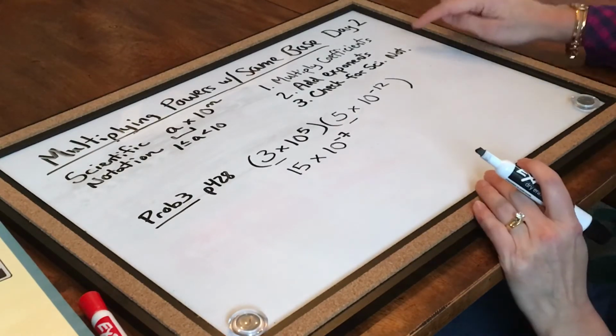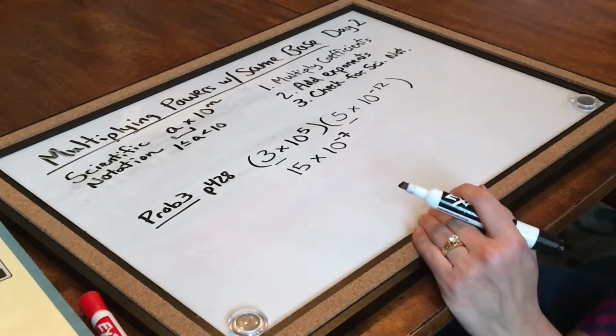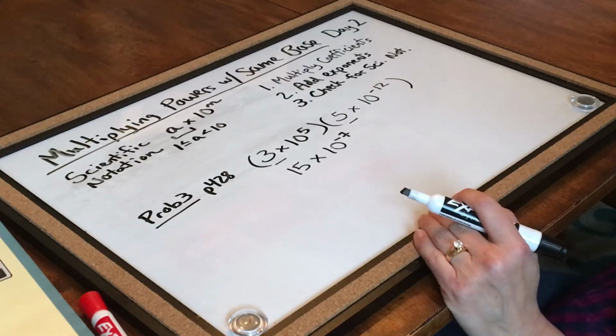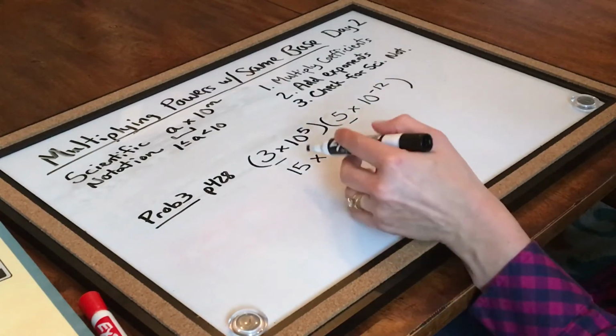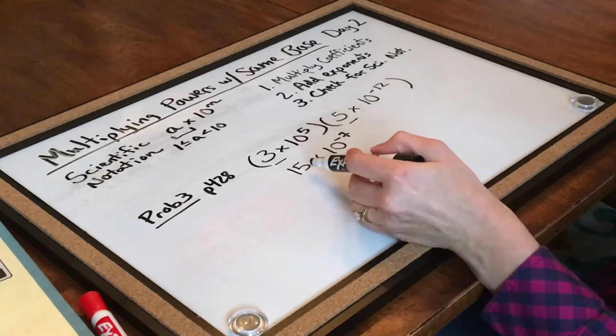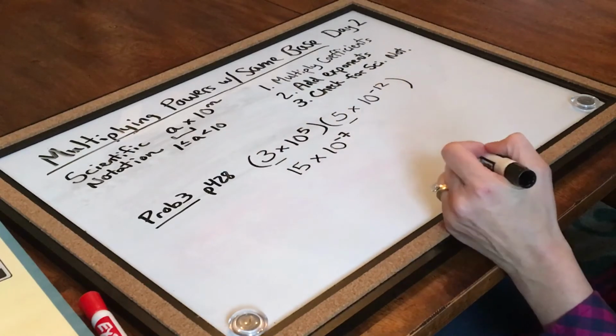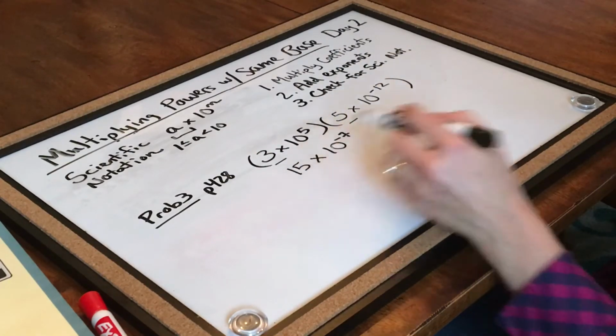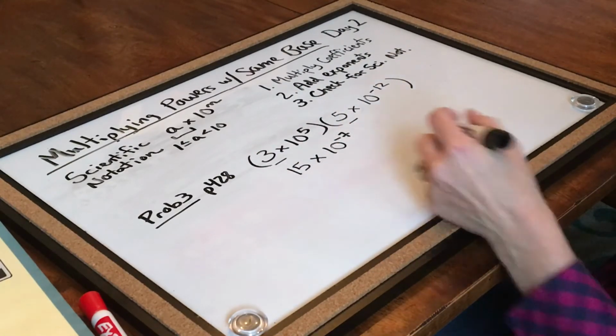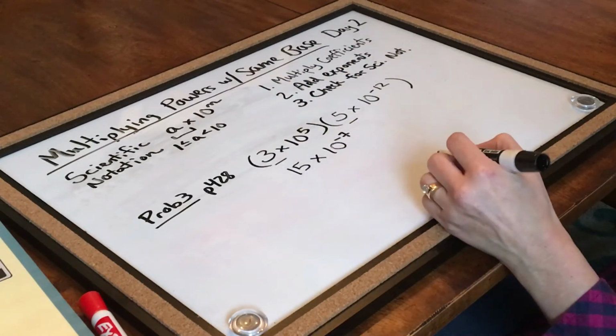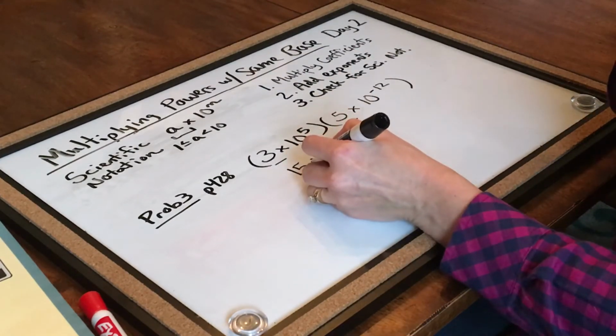Last but not least, I need to check to make sure this is in scientific notation. And it is not. This 15 is not between 1 and 10, so I have a problem. I need to make this 15 into a number between 1 and 10. So I'm going to do my decimal point move.